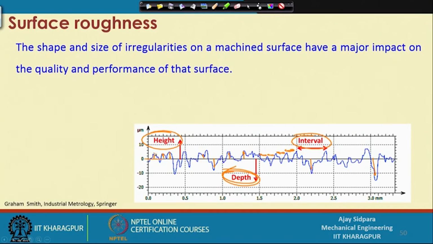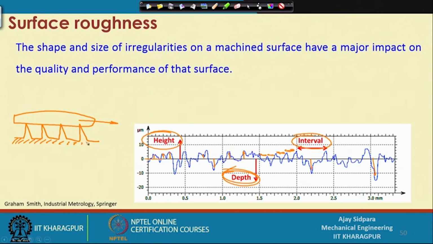Now, how will this behave? Suppose you consider a surface which has only height. Consider this is one surface, correct, and on the top of that you have another surface which is in relative motion. This is moving in this direction, this is stationary.